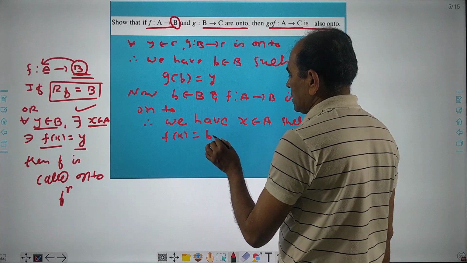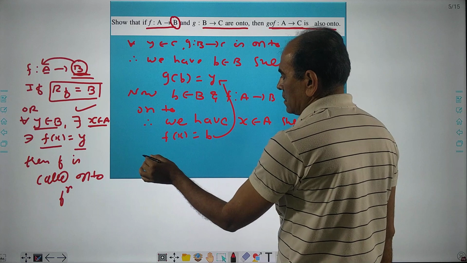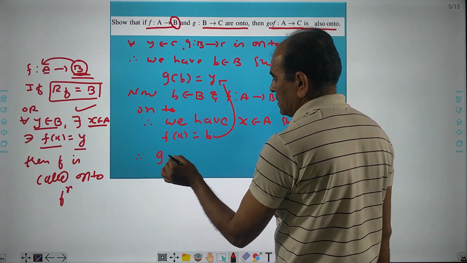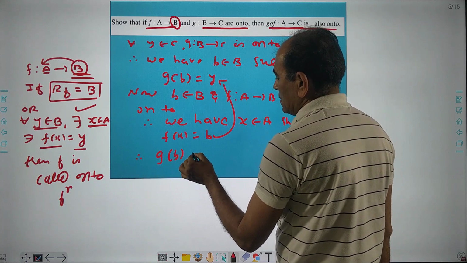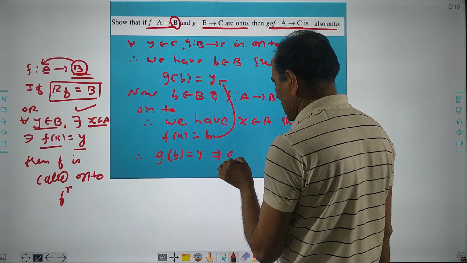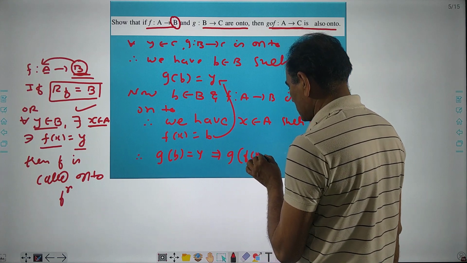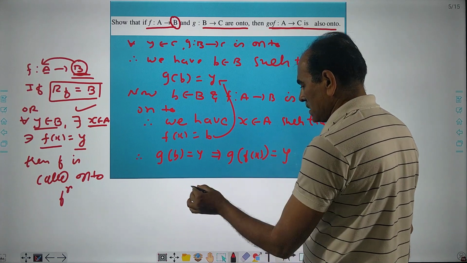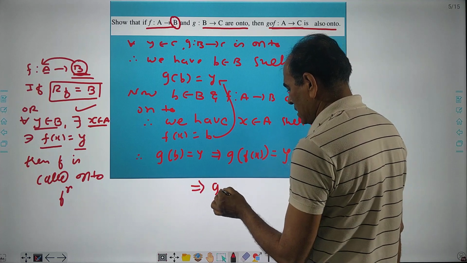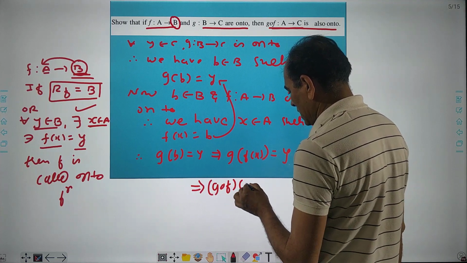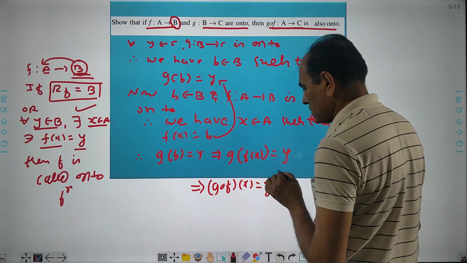Now replace this value of b here: g of b is equal to y implies g of f of x is equal to y implies g o f at x is equal to y.